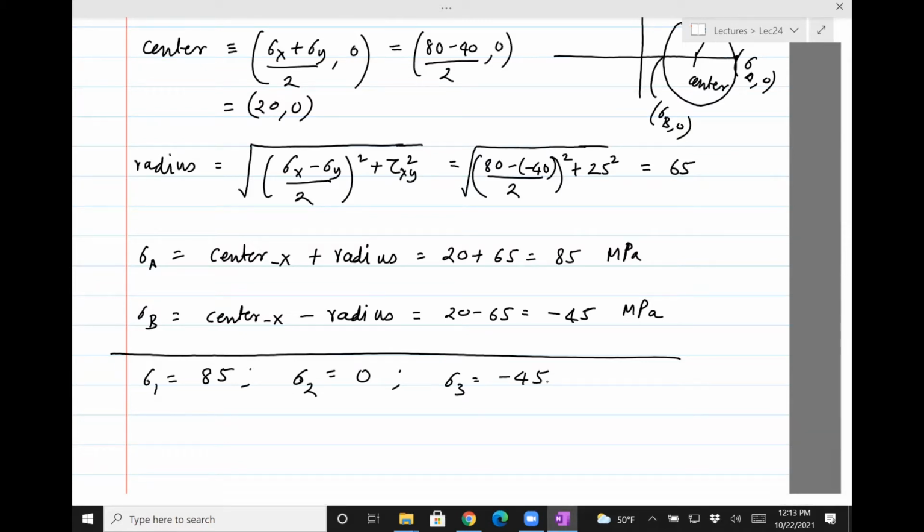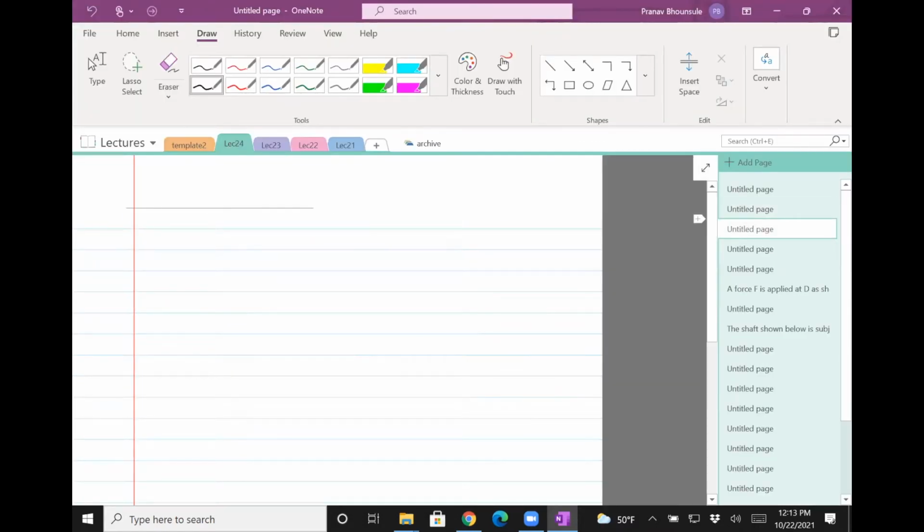So let's talk about the maximum shear stress theory. Okay, so if you ruffle back, you will see that.